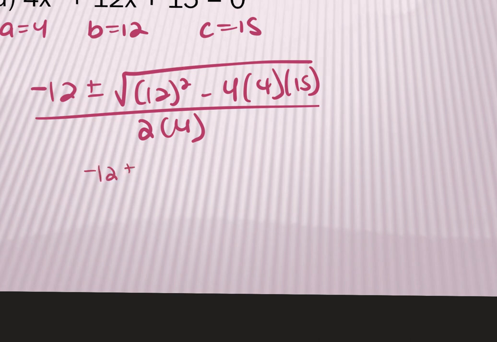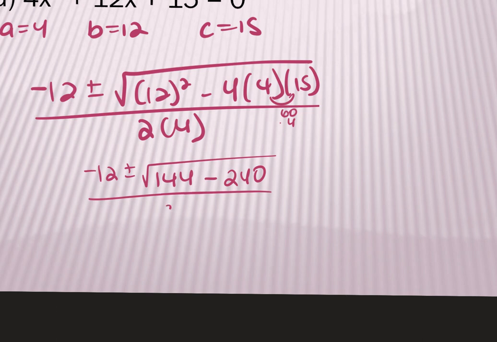Negative 12 plus and minus the square root of 144. Now I can multiply this out in any order. 4 times 15 is 60. 60 times 4 is 240, and it's minus that over 8.